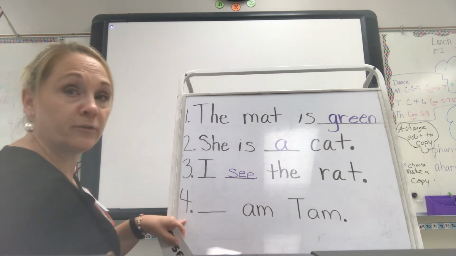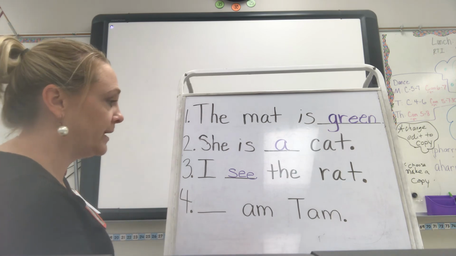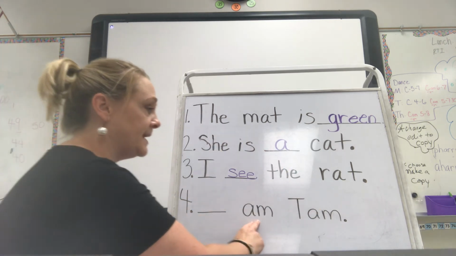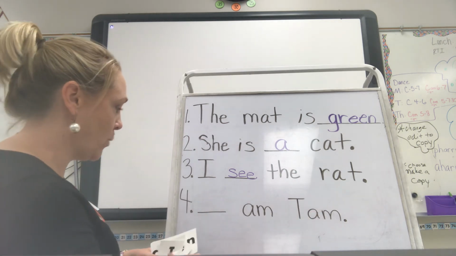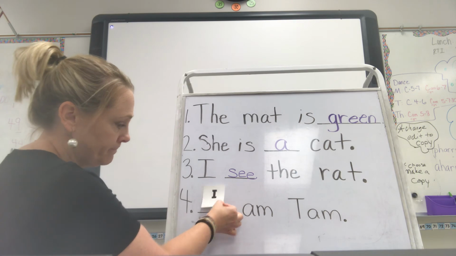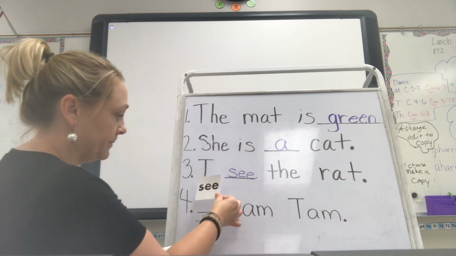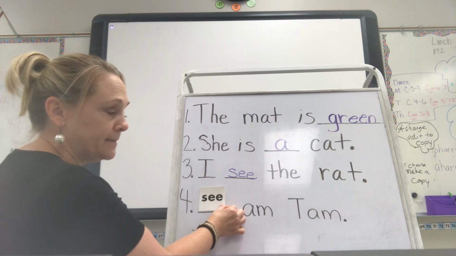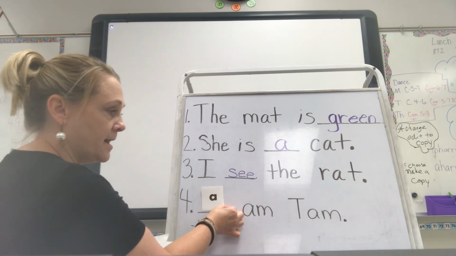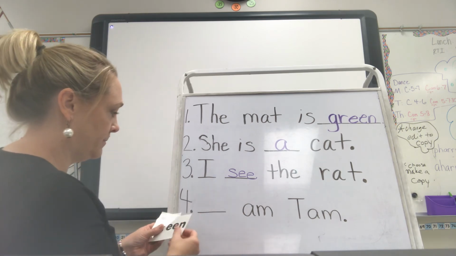Okay, and we have number 4, our very last sentence to complete. Blank am Tam. What would go well? I am Tam. See am Tam. A am Tam.